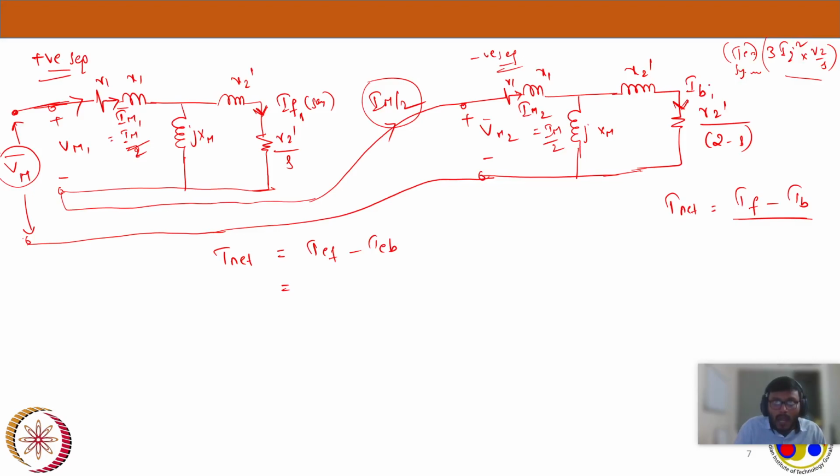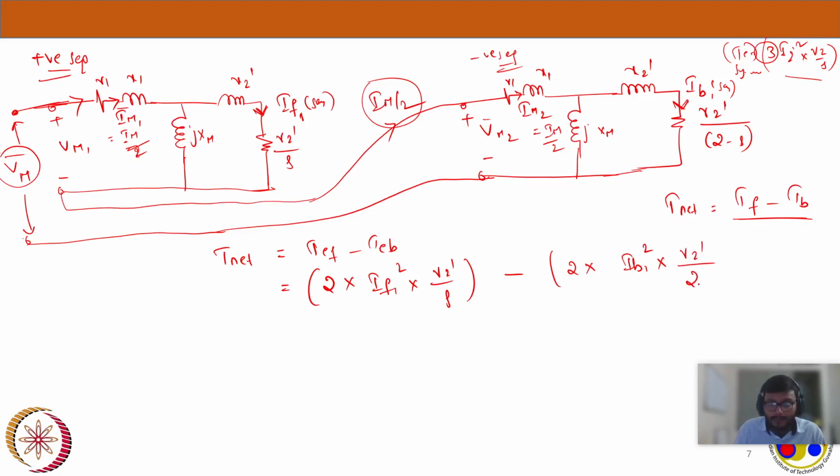Now my net torque would be, here 3 is for a 3 phase, but for a 2 phase, 2 IF1 square multiplied by R2 dash by S minus 2 multiplied by IB1 square multiplied by R2 dash by 2 minus S. So yeah, this would be the formula for my net torque.